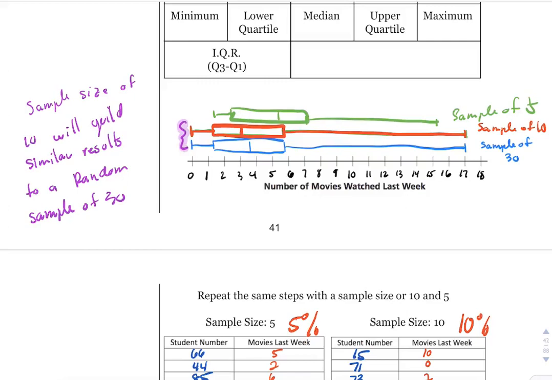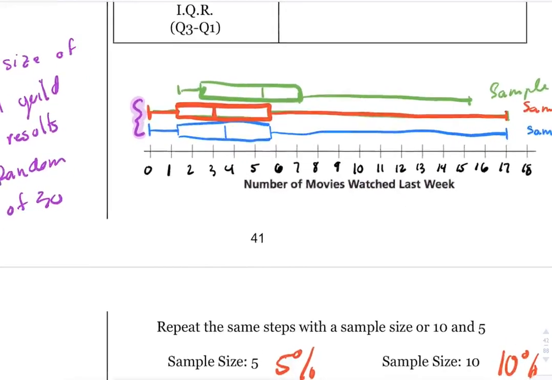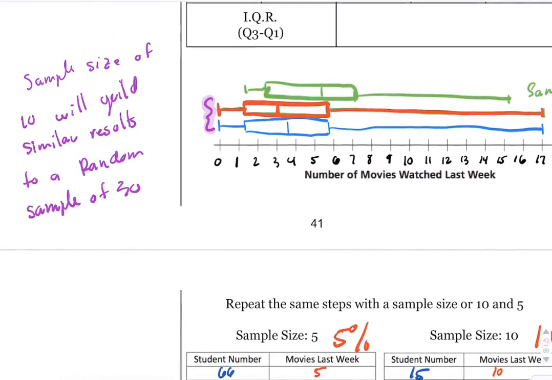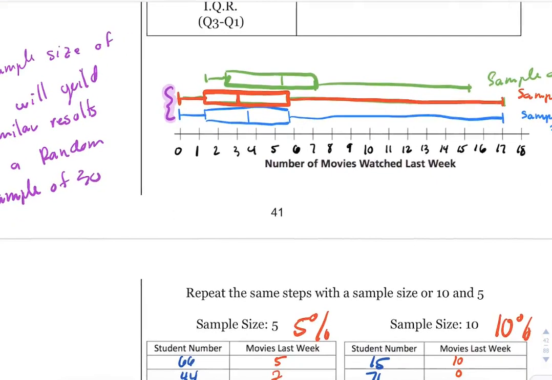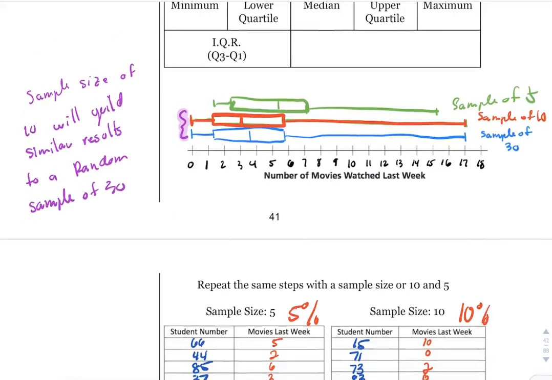Our goal was to pick the right size, and 10% was enough, because they're pretty similar. 30 and 10, they're pretty good. I can't tell too much of a difference. This number is a little bit different, and that's about it. All the other ones kind of matched fairly well. So you can get very similar results with a sample of 10.